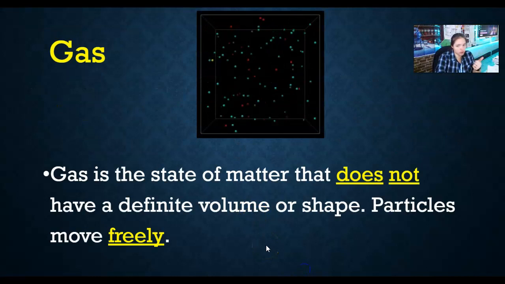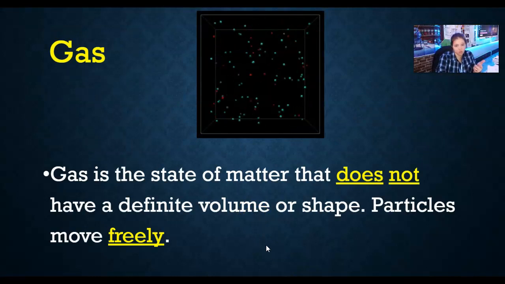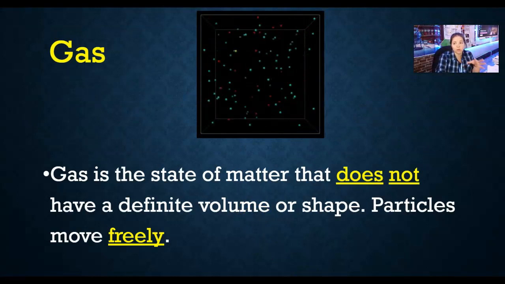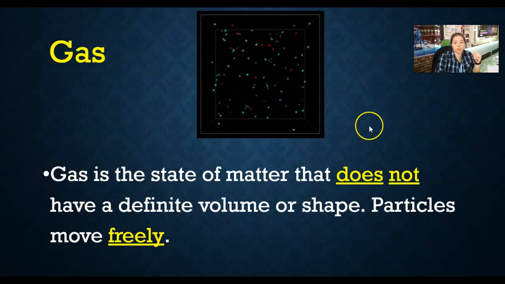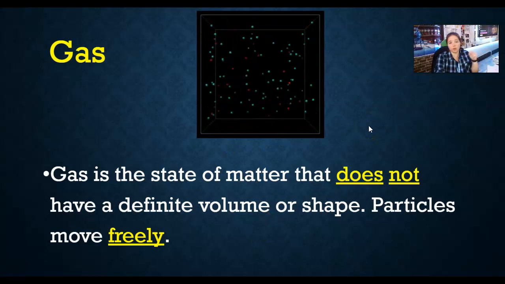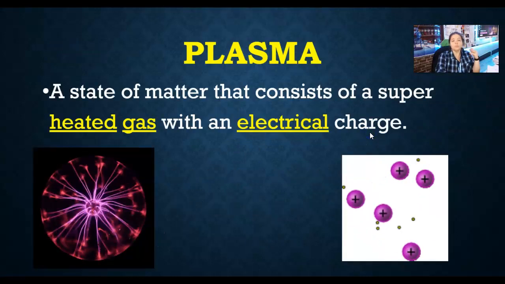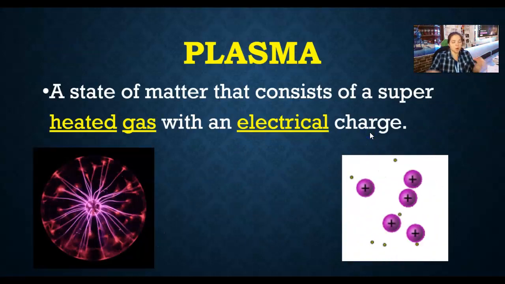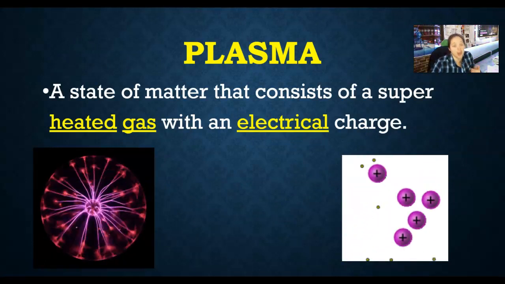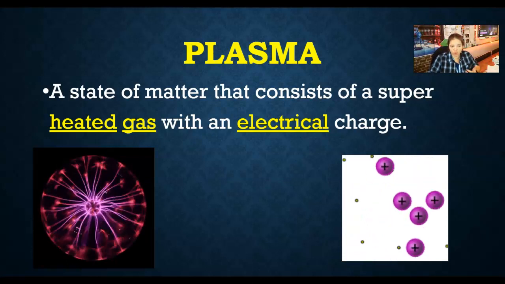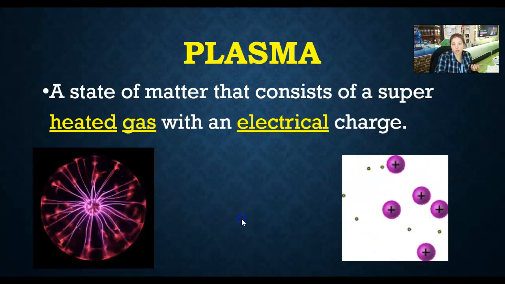So there's no definite shape and no definite volume. They go wherever and fill up as much space as possible. And the particles, as you can see, are moving freely, all over the place, wherever they want to be. And then you have plasma. Plasma is a state of matter that consists of a superheated gas with an electrical charge. That's how you get plasma balls.